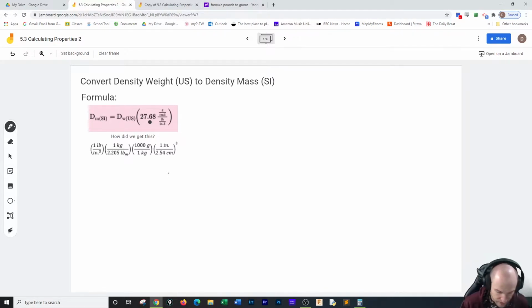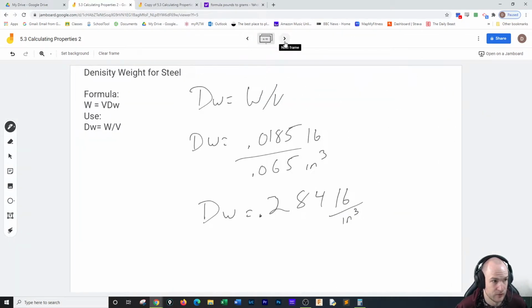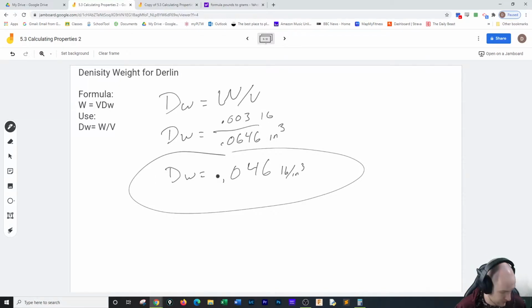And I'm just going to do them all here because all of these are going to be density mass equals 27.68 times whatever your value is. So that would mean the value for this one, what's this one, the Delrin, is going to be times 0.046.